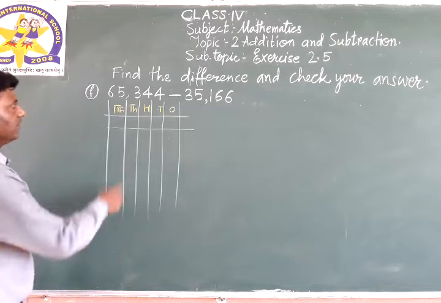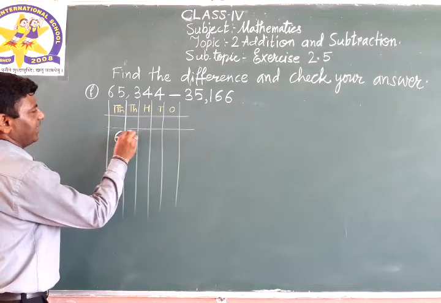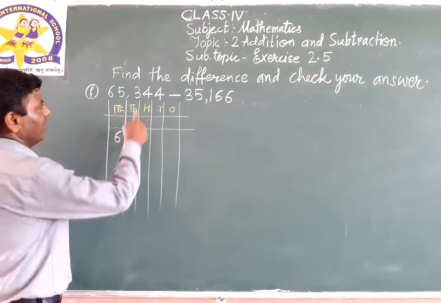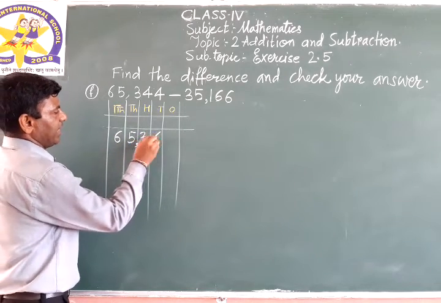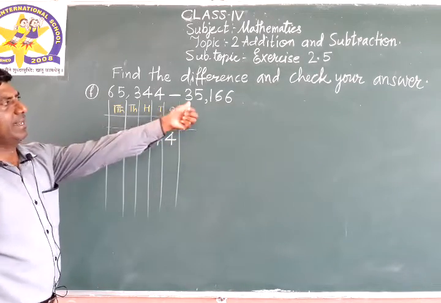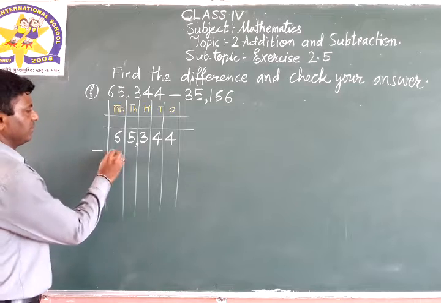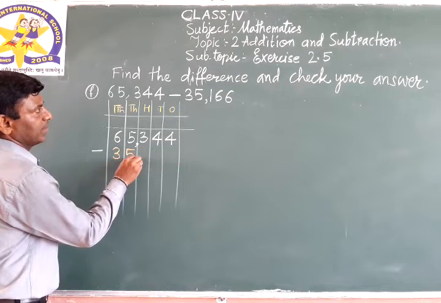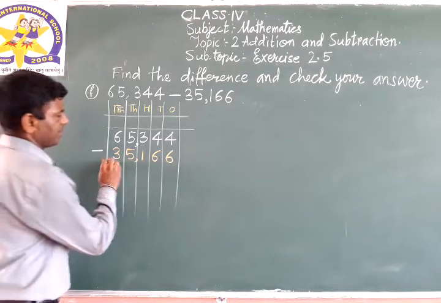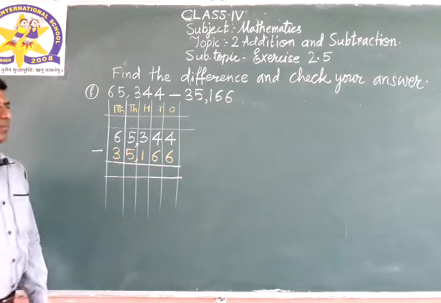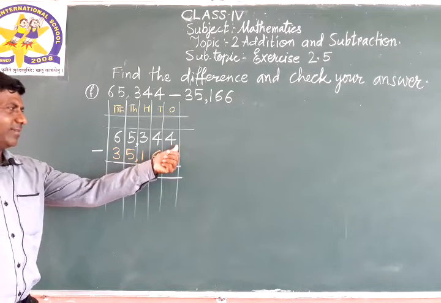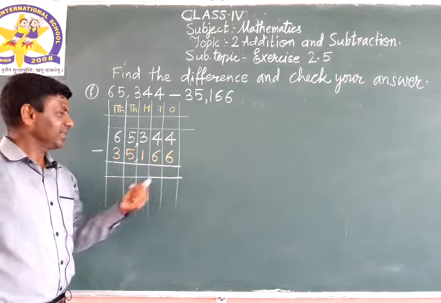Okay, now write. 65 is in the 1000 place, so we write it in the 1000 place. 65,344 minus 35,166. Now subtract. This is the minuend, this is the subtrahend.